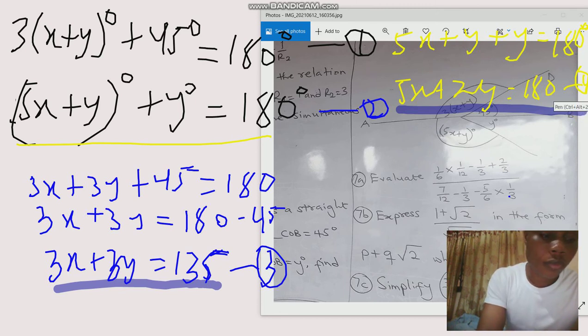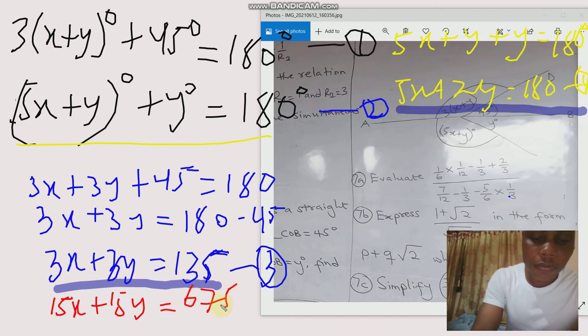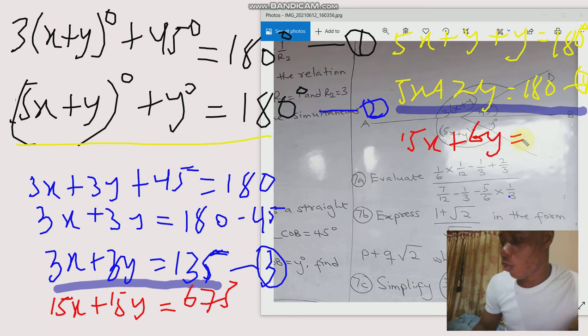Alright, so if I multiply equation 3 by 5, I should get 15x plus 15y equals 135 times 5, which is 675. This side too, if I multiply by 3, I should get 15x plus 6y equals 180 times 3, which should give me 540.